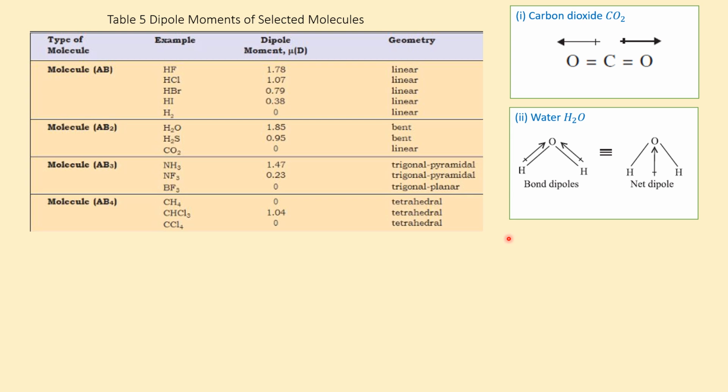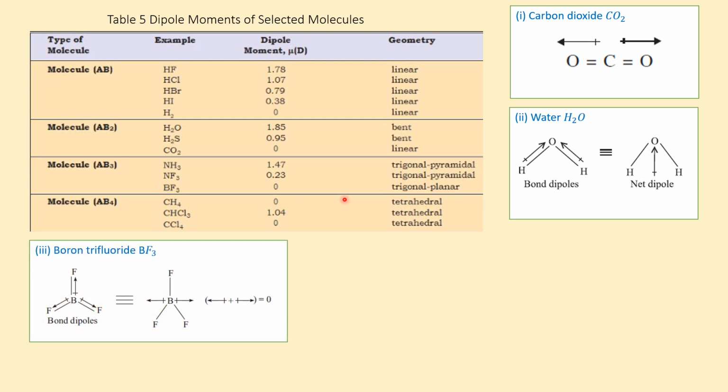The net dipole moment of the H2O molecule is 1.85 Debye as shown in table number 5. Its value is 6.17 into 10 to the power of minus 30 coulomb meter, not coulomb per meter.